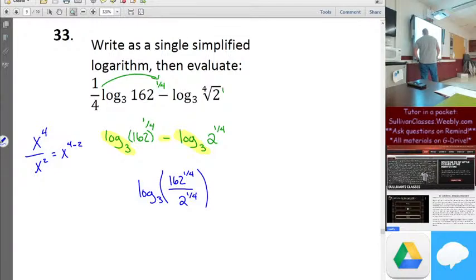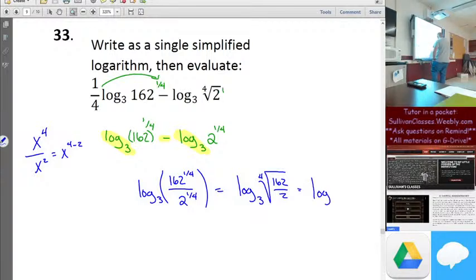Since they're both to the 1/4, that's the fourth root of 162 over 2. That can be simplified. That's the fourth root of 81. The fourth root of 81 is 3.